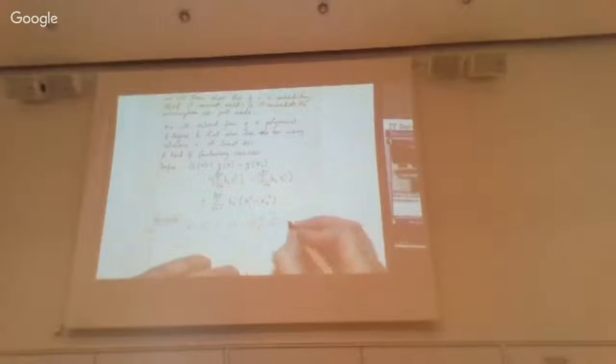The other factor is a sum of products of u and v, where the top power will be I minus 1.